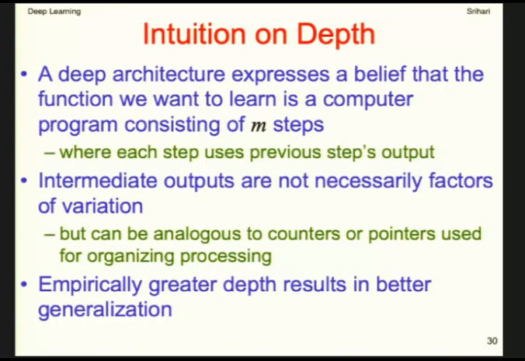Factors of variation is a very interesting concept. When you have a face or whatever, what are the factors of variation of the faces? For example, the pose: is it frontal or from the side? So the input can be varying, and one factor may be the pose, another factor may be the lighting or illumination, or it could be the camera angle and so on.